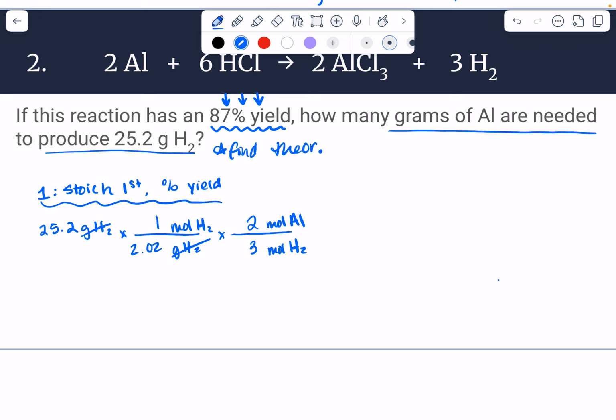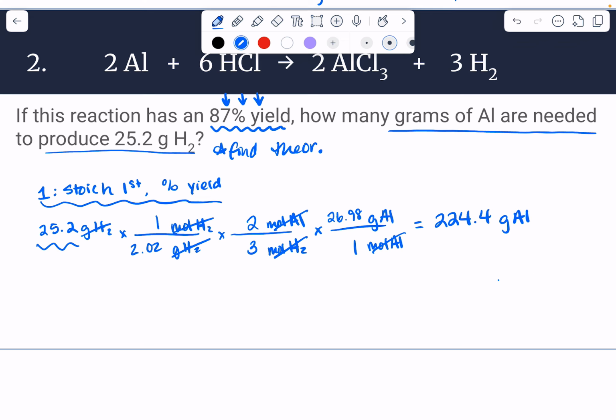This is a 2 to 3 ratio. And then you're going to be going from your moles of aluminum into grams of aluminum using aluminum's molar mass, which is 26.98 grams per mole. So at this point, in order to make our 25.2 grams, we would need 224.4 grams of aluminum.